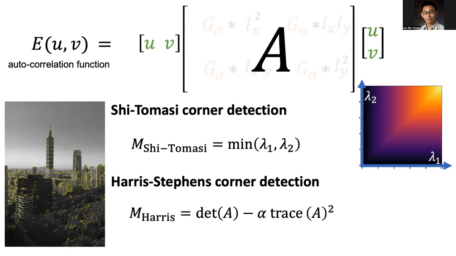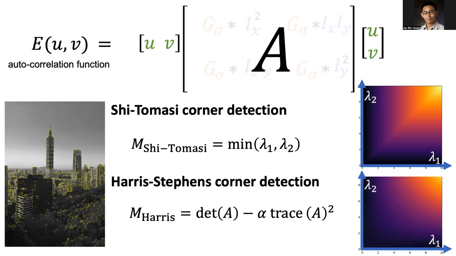It turns out this is a pretty good approximation of the minimal eigenvalue. But here you only need to do simple multiplications, simple operations, without needing to compute the actual eigenvalues.